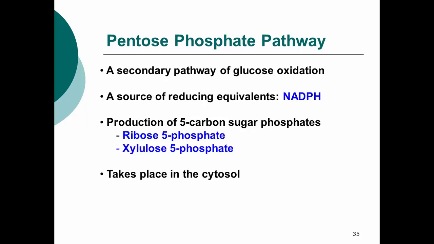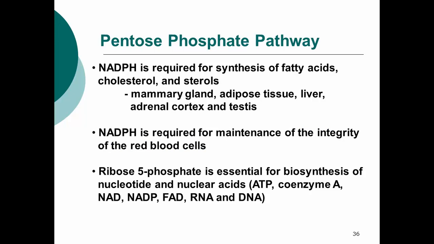And this 5-carbon sugar phosphate is important for the biosynthesis of nucleotides or nucleic acids like ATP, DNA, RNA, FAD, NAD, or ADP. These nucleic acids or nucleotides are synthesized from 5-carbon sugar phosphate, right?